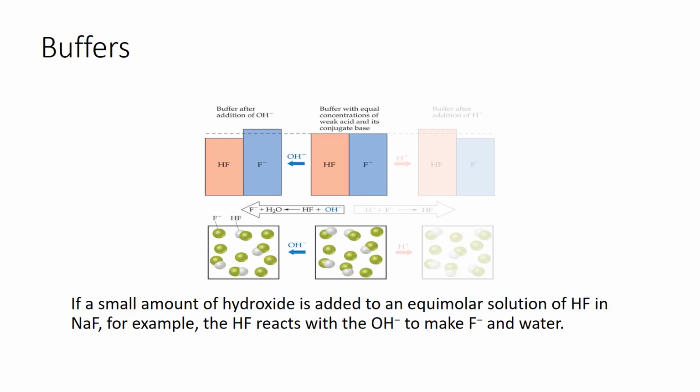So this is what happens. We have a buffer with an equal concentration of weak acid and its conjugate base. So it has this component and this component. When you make it more acidic, or when you add more base, you see what happens.